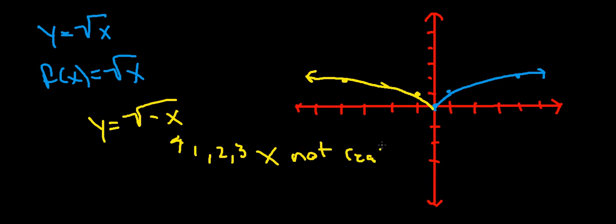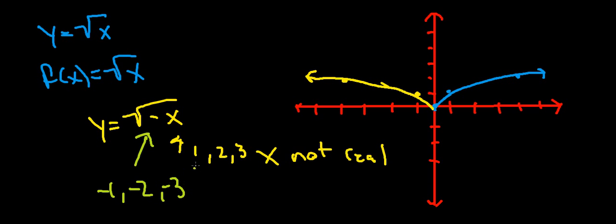However, if we put in minus 1, minus 2, minus 3 for this one, we're going to get a minus, which is plus 1. The square root of positive 1, which is a real number. If we put in minus 2, we're going to get the square root of 2, which is also a real number.